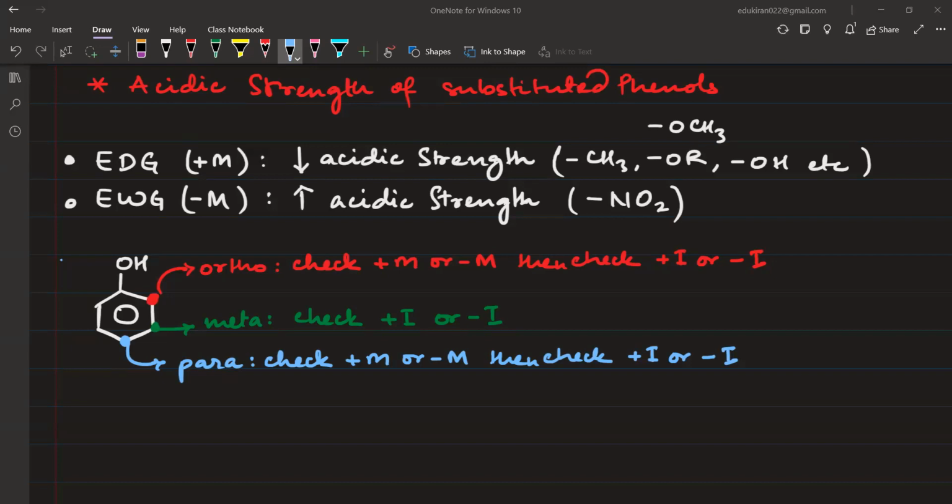So related to this, we have a few questions in NCERT. Let us see the first question here.